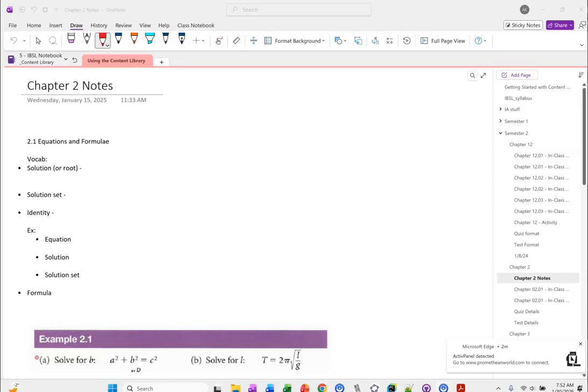What's an identity? Is that where anything works for the solution? Infinite solutions? Well, not sure. Think back to trigonometry. What's an identity you know from there?